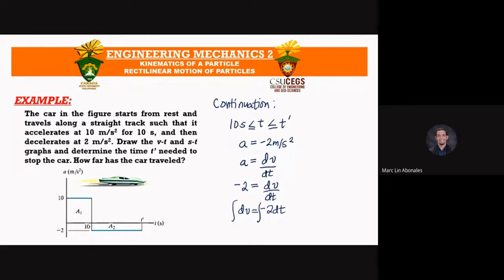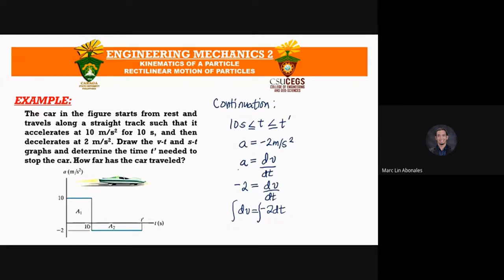Pero question ani, unsa man ang value, unsa ang lower limit diri sa dv? Ang sa right side kaning negative 2 dt, 10 seconds, di ba? Kay starts from 10 seconds man. So 10 seconds ang atong gamiton diri sa lower limit sa right side kaning negative 2 dt.